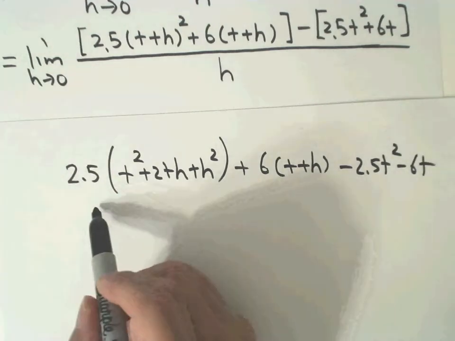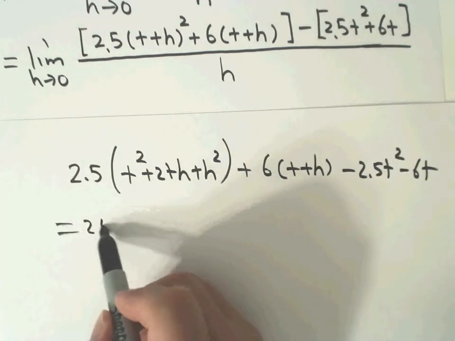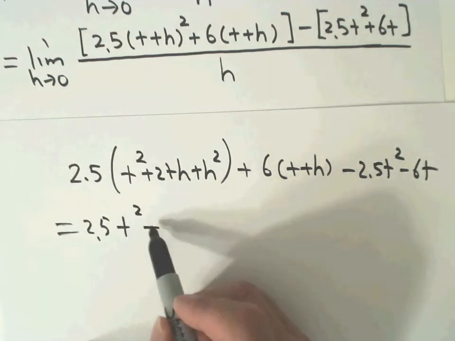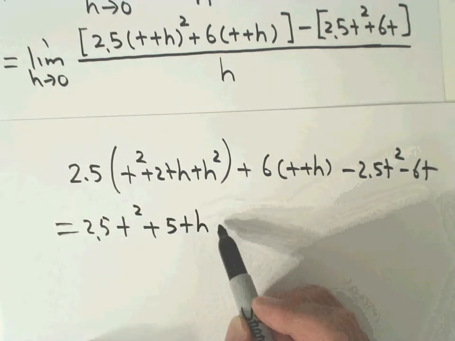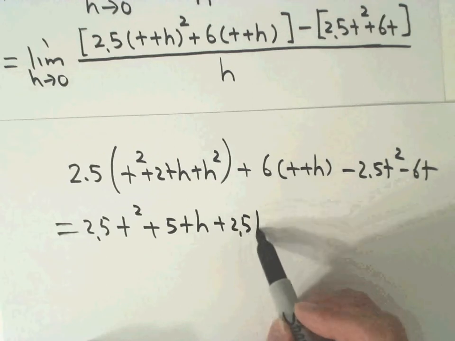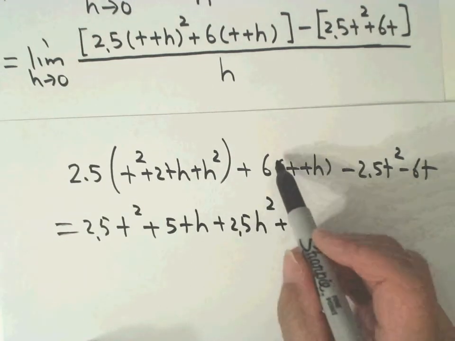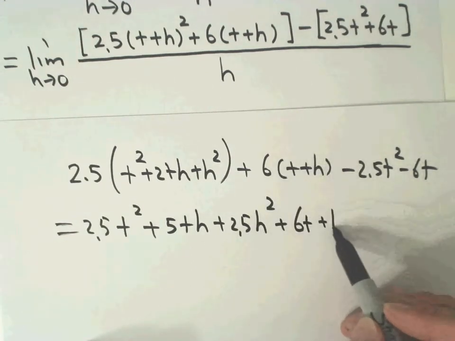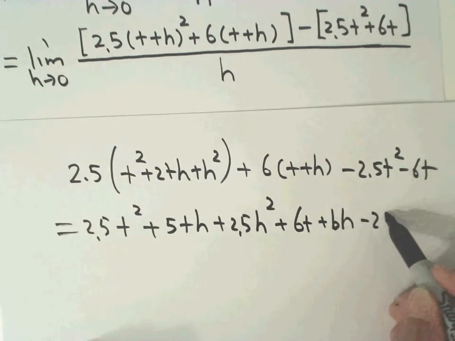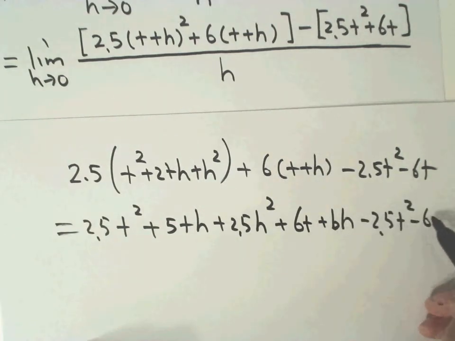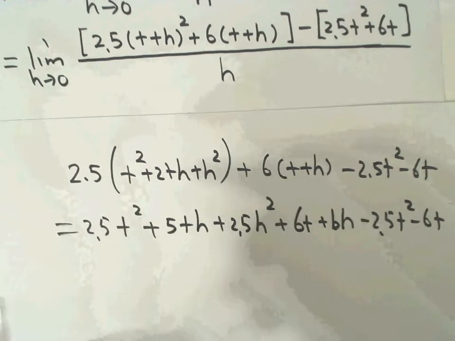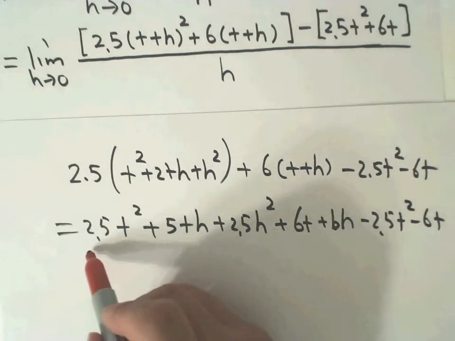Then I distribute, which means I have 2.5t squared plus 5th plus 2.5h squared, plus 6t plus 6h, minus 2.5t squared minus 6t. We are going to simplify.